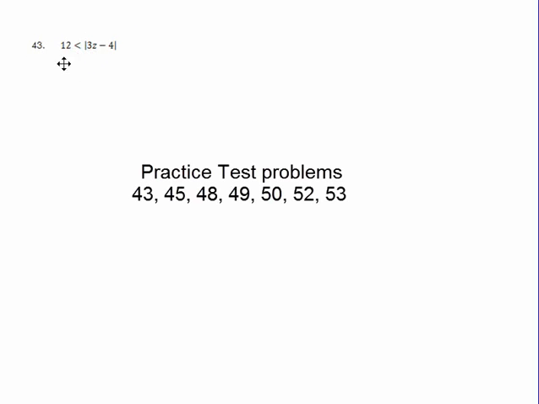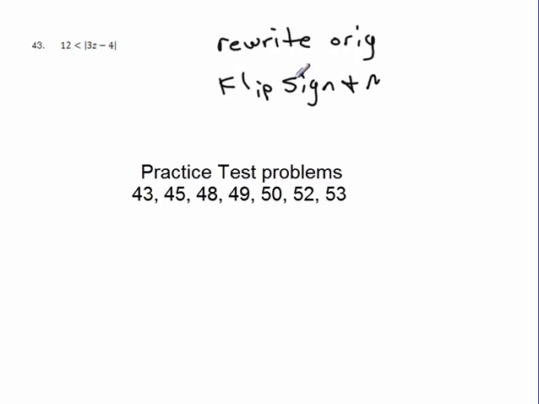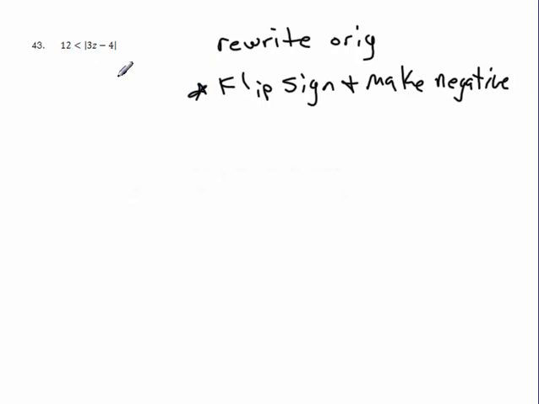Now, I don't like it whenever the absolute value is on the right-hand side. This bothers me. But if we follow, I could just rewrite the original, and then I flip my sign and make negative for the second one.